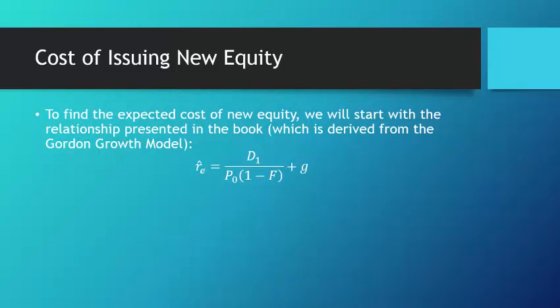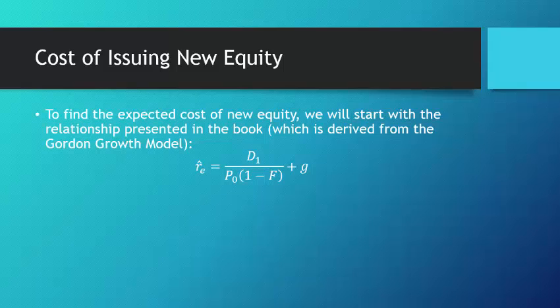So to find the expected cost of new equity, our textbook gives us this little formula, the expected R sub E. They say that if the markets are in equilibrium, then the expected R sub E will equal R sub E. What they're looking at is a relationship derived from the Gordon growth model.